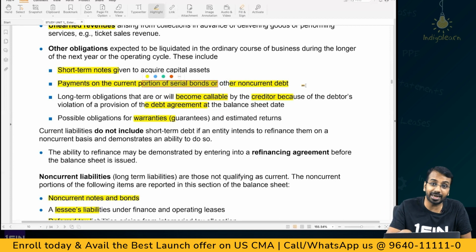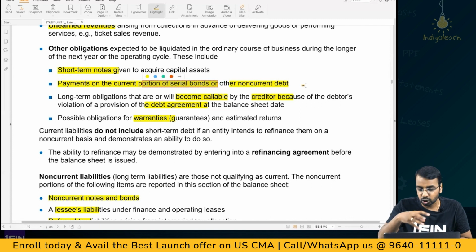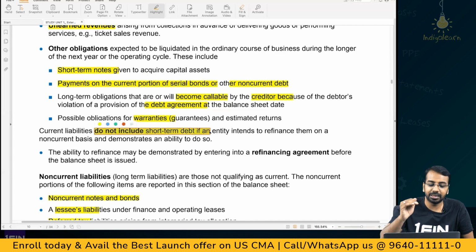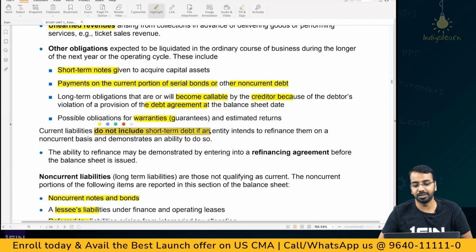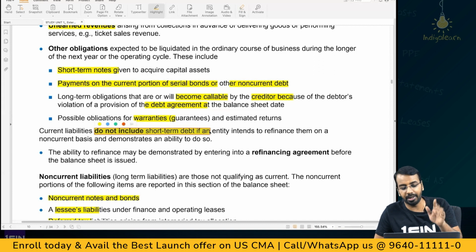The liability is non-current, a 5-year loan, but a portion of the loan is being paid within 12 months. That part you will classify as current. Whatever is being paid within a 12-month period will be current. And second, short-term debt, if it is being refinanced on a long-term basis, that will not be current, you will classify it as non-current.